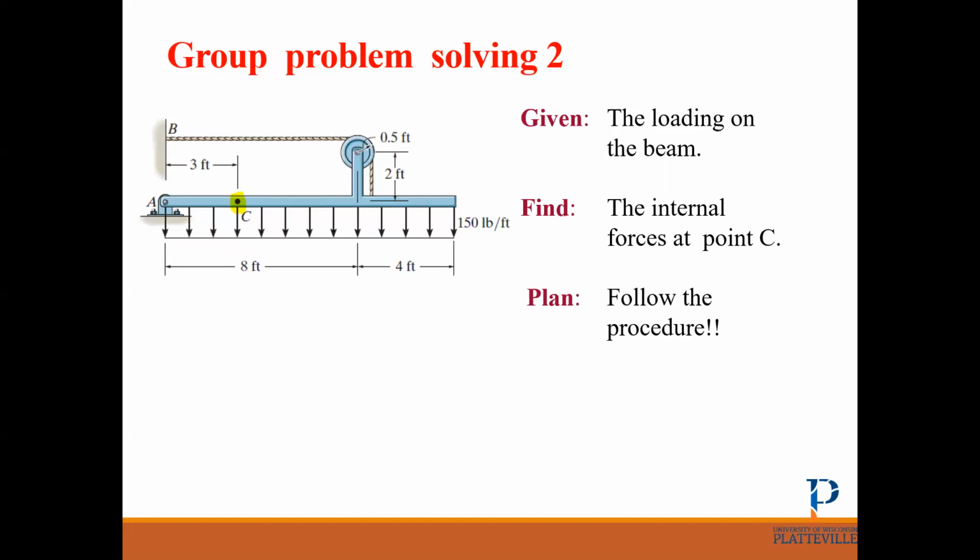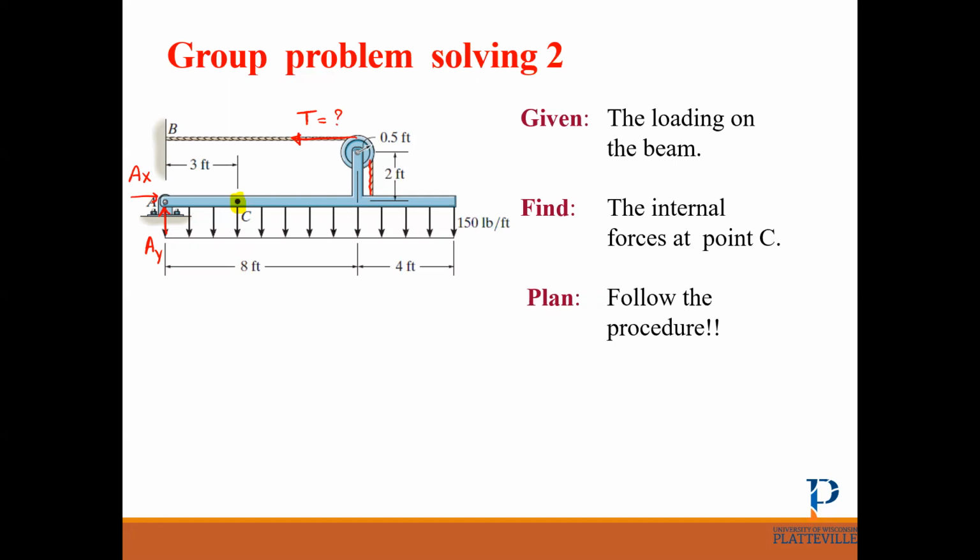What is the problem solving strategy? We need to think about what supports we have. For example, at A is a hinge. How many reactions do we have? Ay and Ax. We have a cable here, so whatever the force is here, it's the same here. So let's call it T. We don't know what T is.